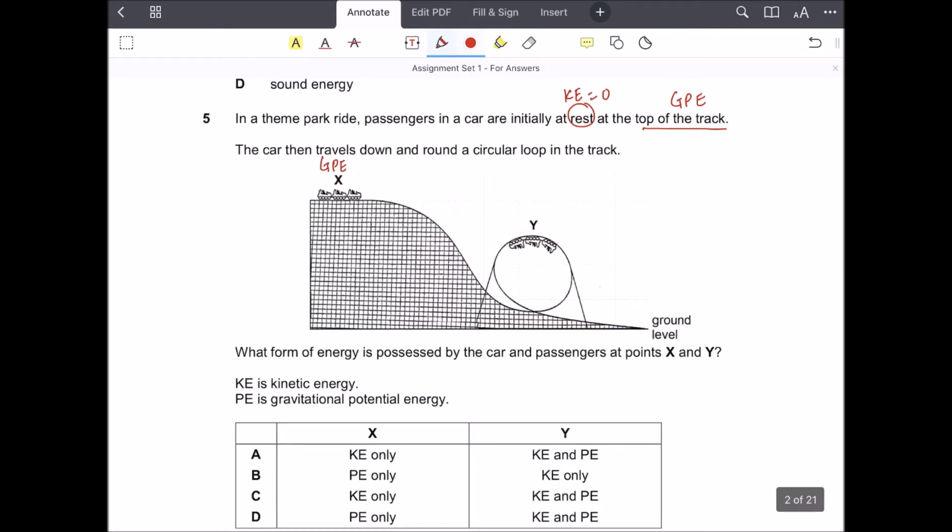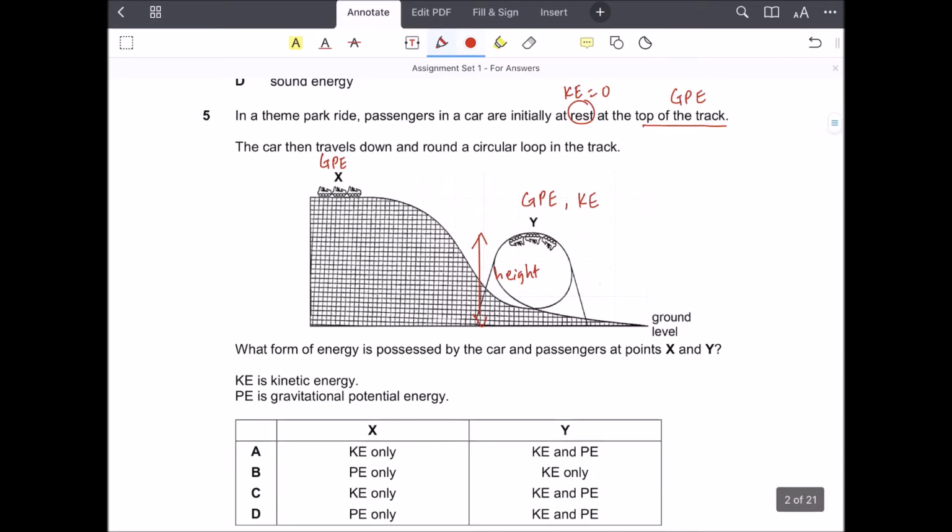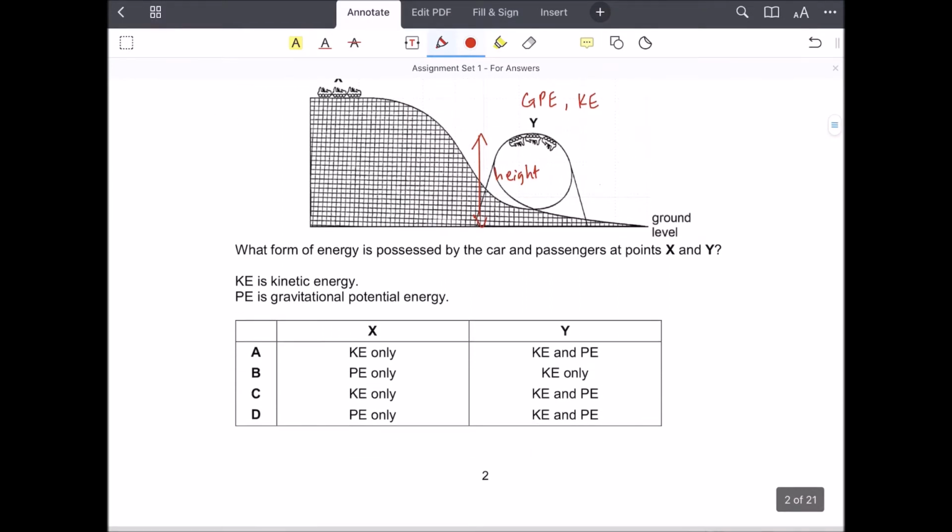Now when it is at Y, if you notice there is still a height. So at Y, there would be GPE as well. Okay, and at Y, because it is still moving, there would be KE. So it will be D.